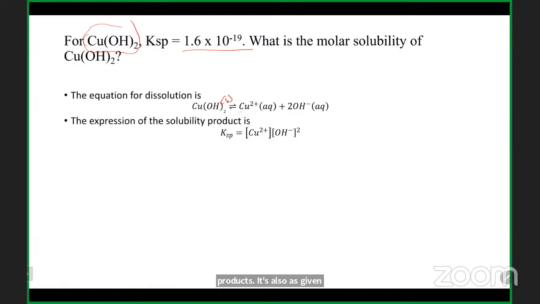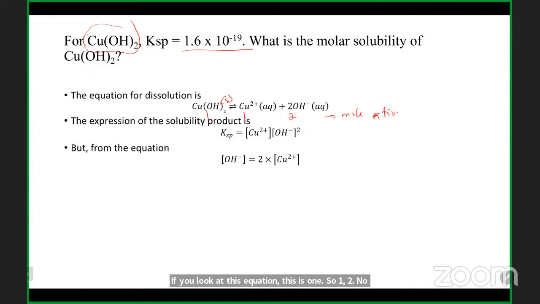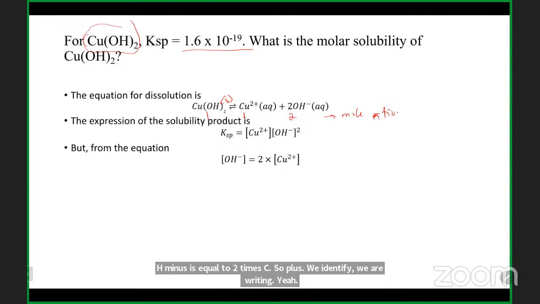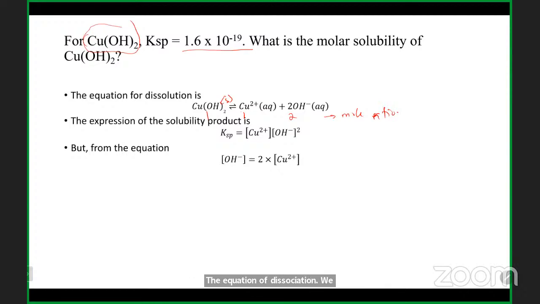If you look at this equation, this is a 1 to 2 mole ratio. From the equation, OH minus is equal to 2 times Cu2 plus. So we are writing the equation of dissociation, figuring out the expression for the solubility product, and identifying the mole ratio so that we will be able to slot it in.